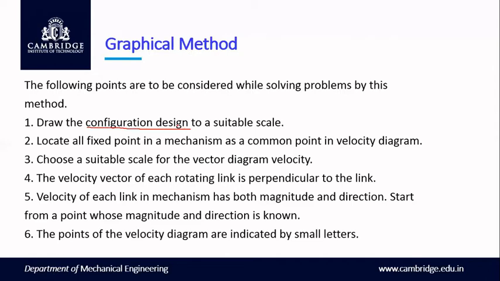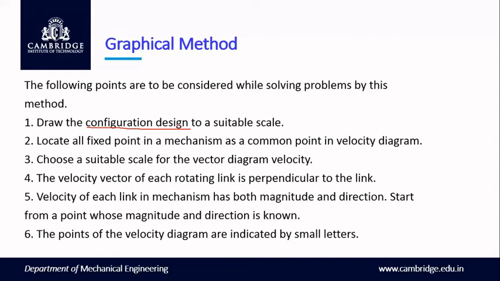The points in the configuration diagram are represented by capital letters. The configuration diagram gives the outer structure of the mechanism. By taking a suitable scale, we need to consider the length of every link and draw the diagram of the mechanism. That's nothing but the configuration diagram drawn to a suitable scale.